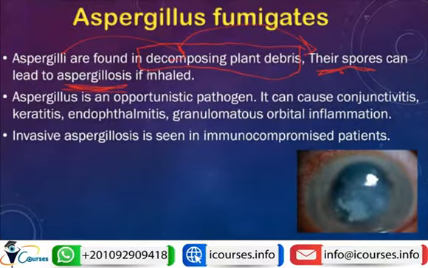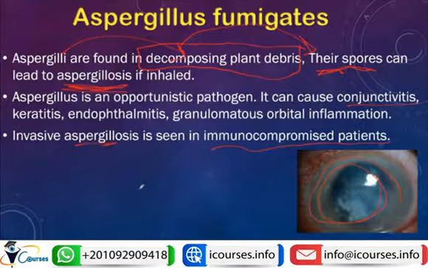Aspergillosis is an opportunistic pathogen, so it will cause infection if the immune system is compromised. This will result in conjunctivitis, fungal keratitis, endophthalmitis, and granulomatous orbital inflammation, and it can become more invasive in immunocompromised patients. So this is aspergillosis, one of the filamentous fungi.